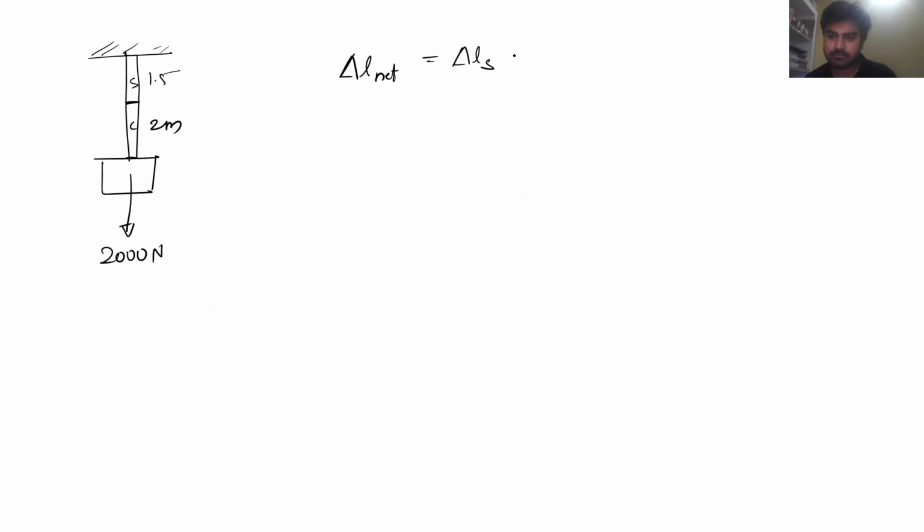The same diagram: 2000 newtons, wire 1.5 meters of steel and 2 meters of copper. We have to find the net extension delta L, which is the extension in steel plus the extension in copper.